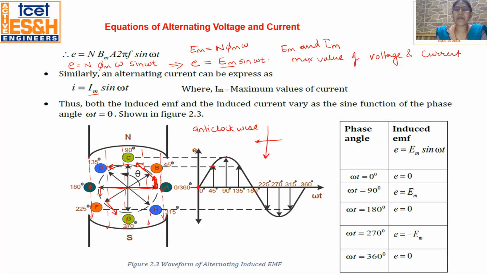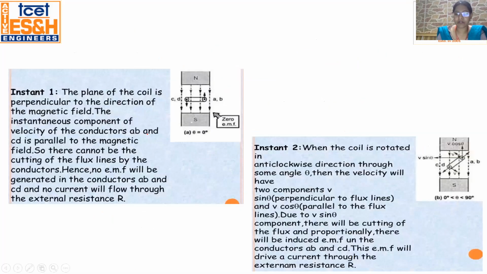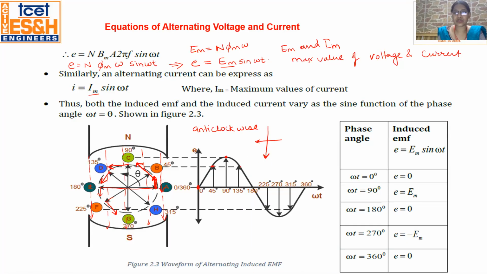It means maximum cut of the magnetic field or flux. So the maximum voltage is generated. Now, at this D position, the coil is cutting but a little less than in our previous case. So the voltage is generated.